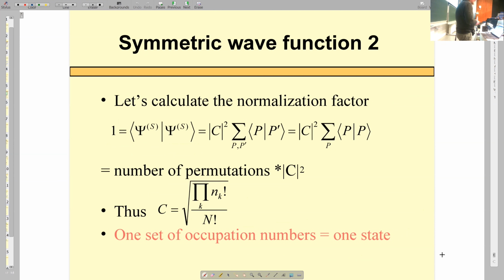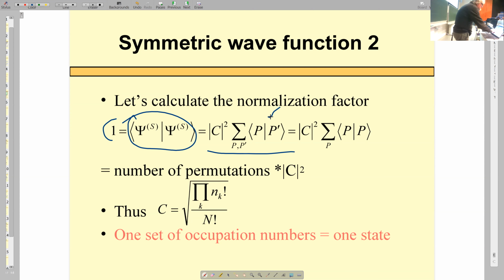All right, let us calculate this normalization factor. This new function must be normalized to 1. One can write it like this: it's a sum over permutations, and one has to take into account only terms in the sum where the permutations are the same. All other states are orthogonal.